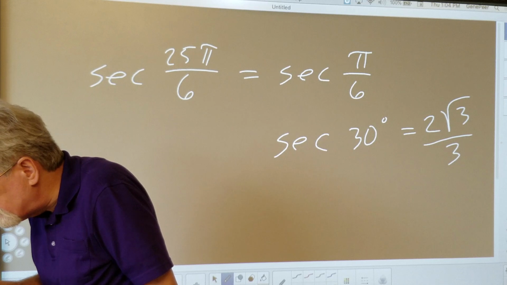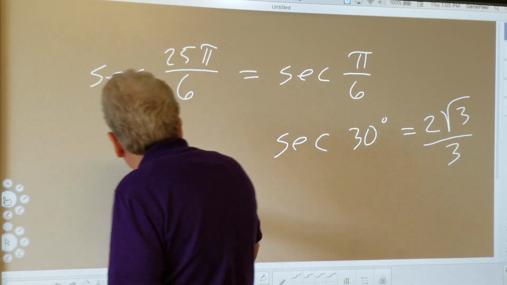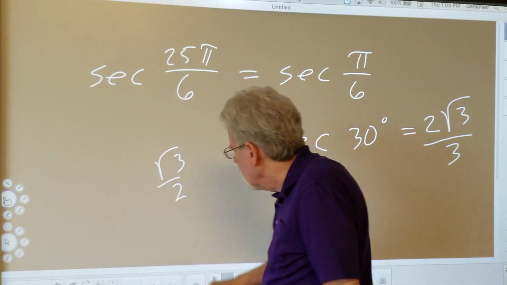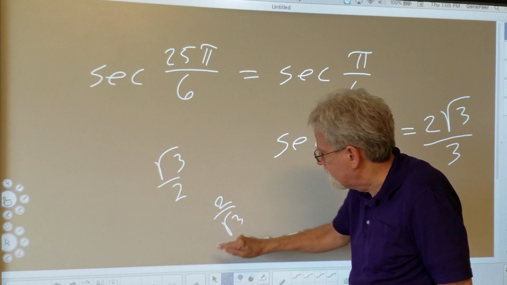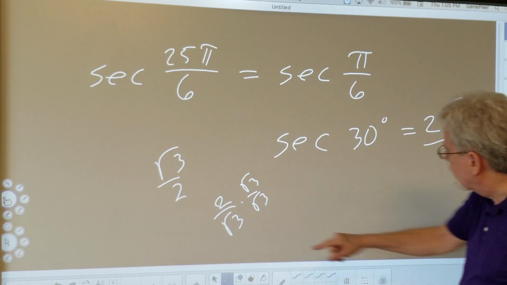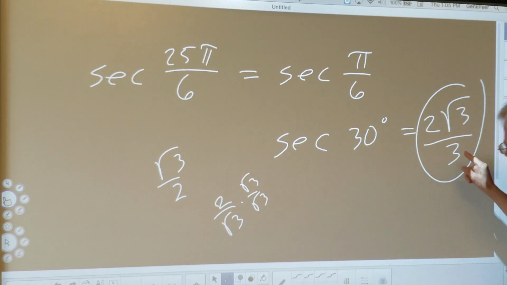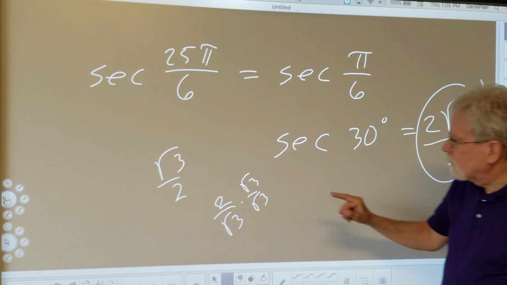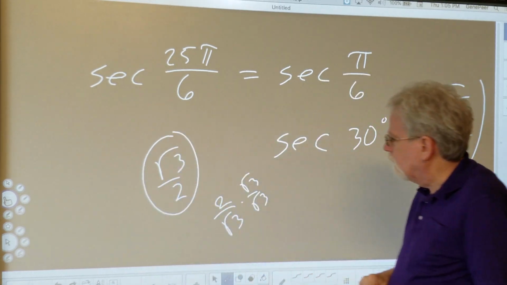Cosine is square root of 3 over 2. So we want secant, which is the reciprocal of that, which is 2 over square root of 3. Then we multiply by square root of 3 over square root of 3, thus getting 2 square root of 3 over 3. Because it's the reciprocal of cosine, and that's the cosine of 30.